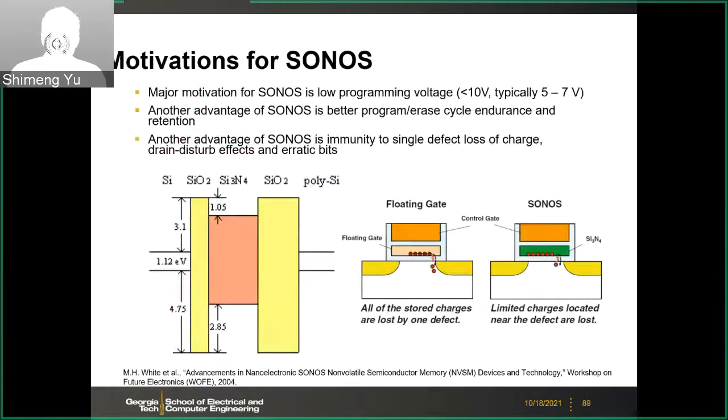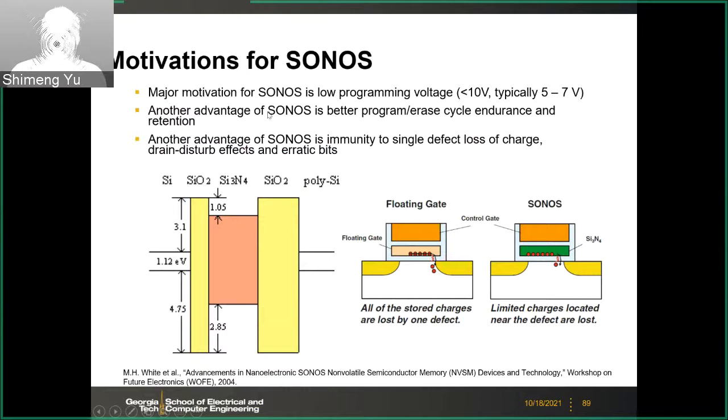And the band diagram of the SONOS, this is called SONOS because it's silicon and tunnel oxide, and then silicon nitride as a charge trapping layer, and then the silicon dioxide as the interpoly. Now it's no longer interpoly, but it's basically the blocking oxide, and then polysilicon in this case as the control gate for the word line.